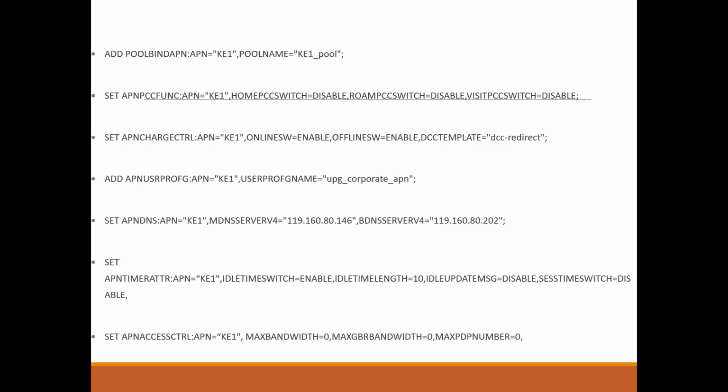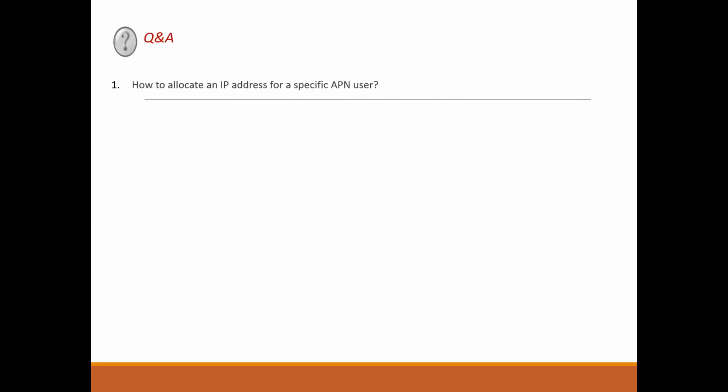Okay, and using the operation and maintenance commands, you can easily check how many users are using this APN. And once again, this is display APN user info. Yes, it's correct for a Huawei node. For the other vendors, it is going to be a similar command in order to check.